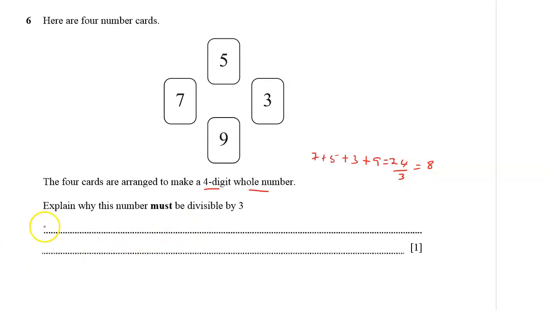So the explanation here is because the sum of all the numbers is a multiple of 3. 24 is a multiple of 3.